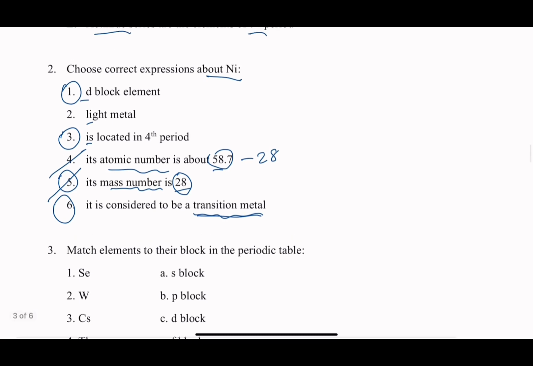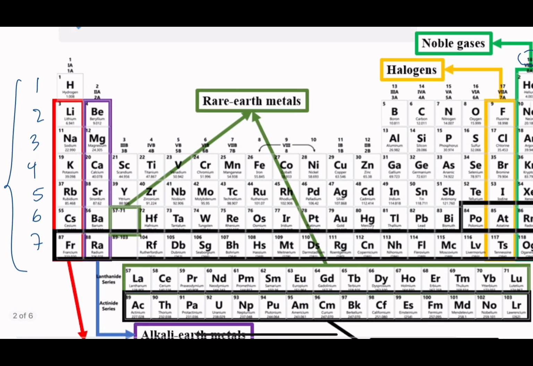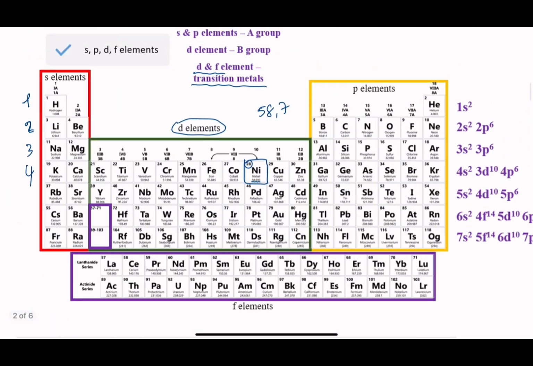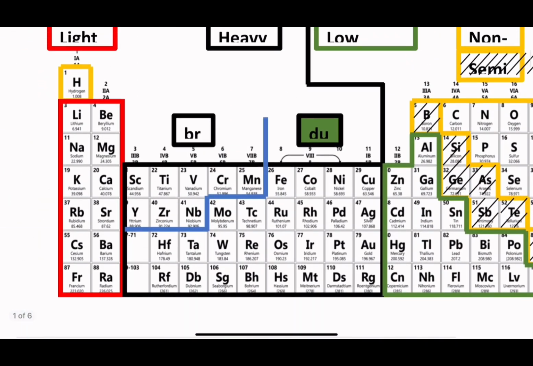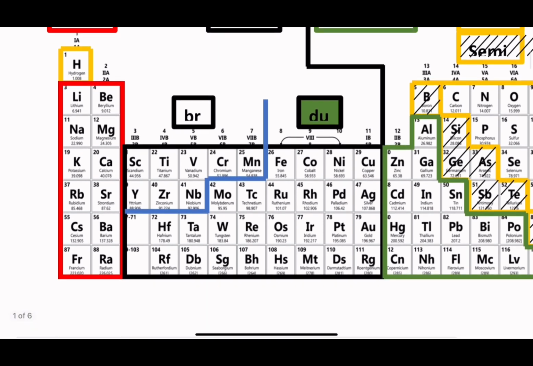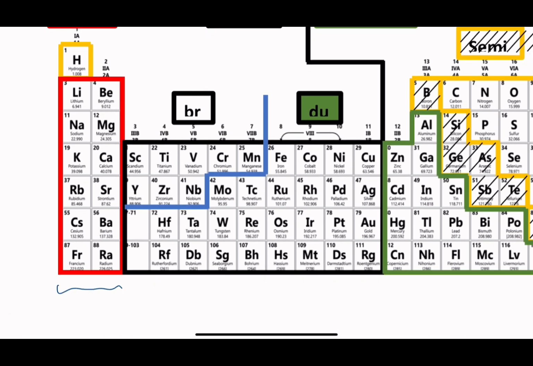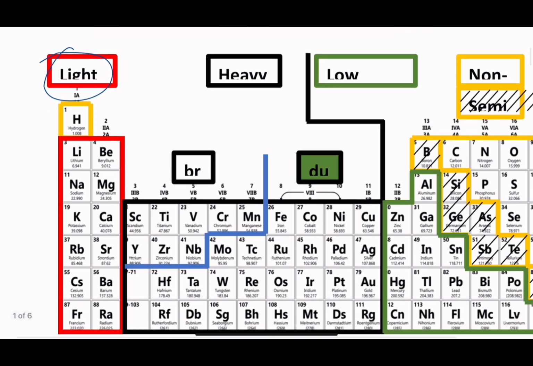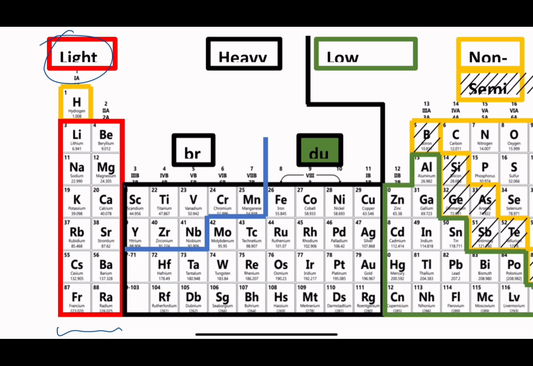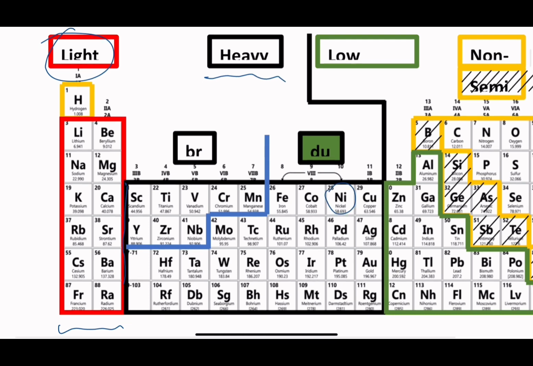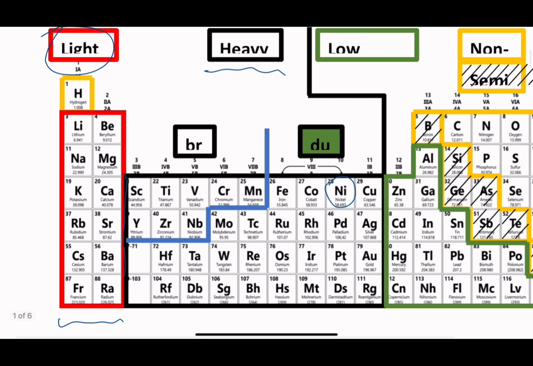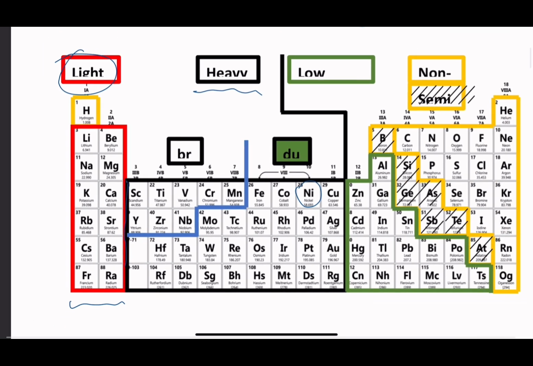And whether it's a light metal or not, we're gonna check right now. You guys remember from the scoring package that these two groups of elements are light metals as it's shown here, but the other ones circled in the black box are heavy metals. So because nickel is in this black box, we're gonna call it a heavy metal.